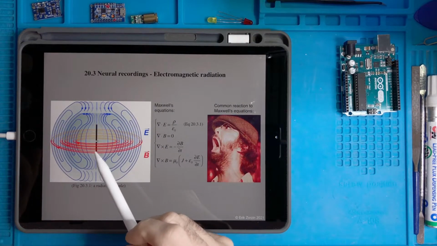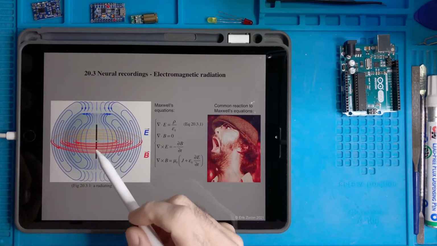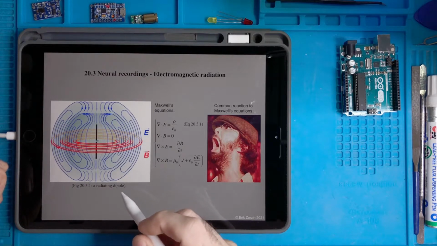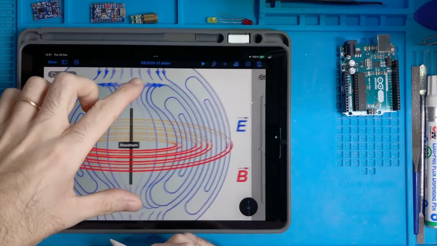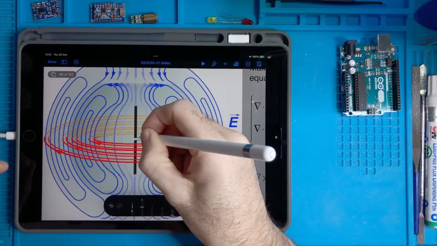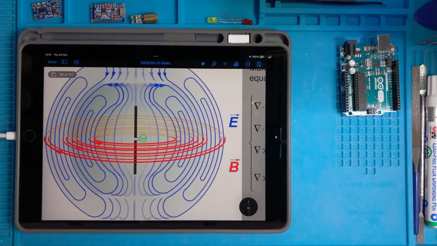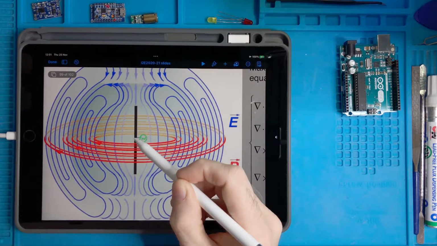Now here you have another figure. This is a so-called radiating dipole antenna. If I zoom in, we have an alternating generator attached to two pieces of wire, so they are not connected together.